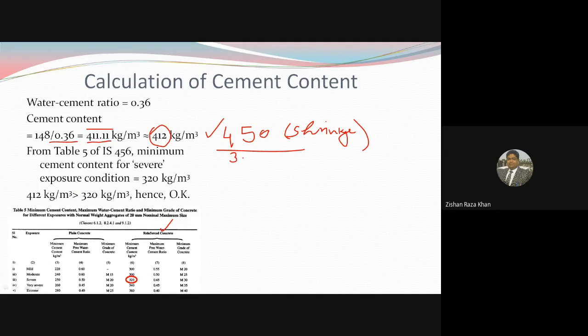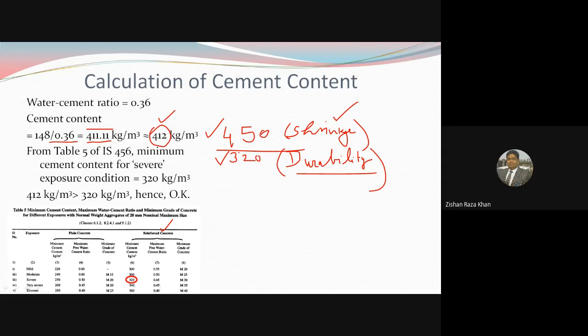So it should be more than 320 kg in order to ensure the durability criteria. Okay, ये याद रखिएगा, durability criteria. Minimum cement content is to be ensured for durability, and maximum cement content limit should be ensured considering shrinkage criteria. Our adopted cement calculation comes out to be 412, which is between it, so it is fine.